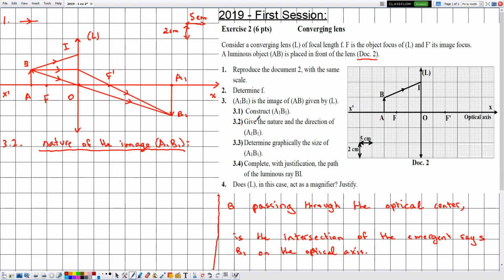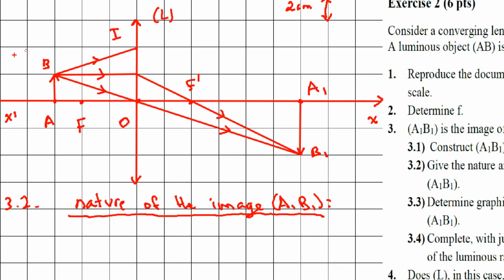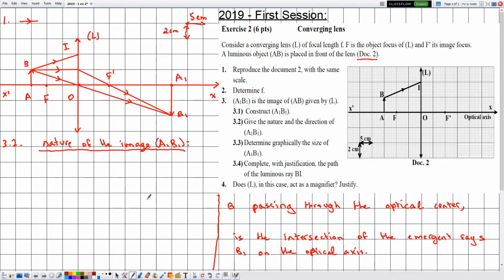Whenever we need to give the nature, it's better to justify. Notice that here the object AB is in front of the lens and the image A1 B1 is behind the lens. Therefore the object and the image are on opposite sides of the lens, and whenever the object and the image are on opposite sides, this means that the image is real.